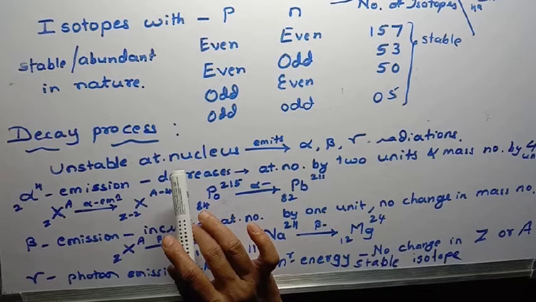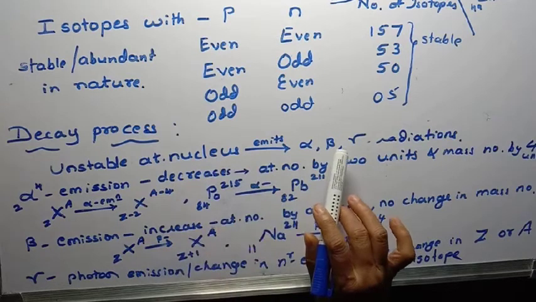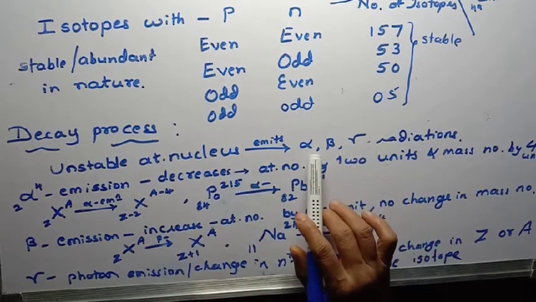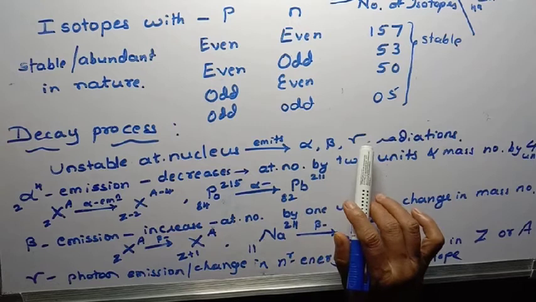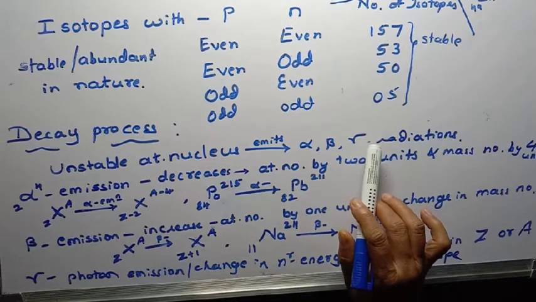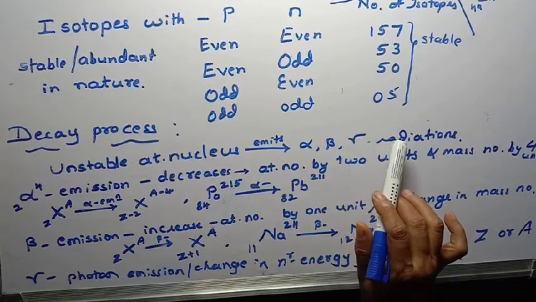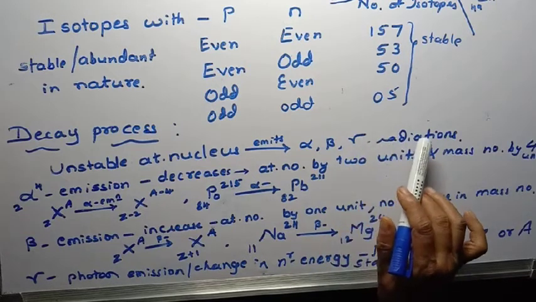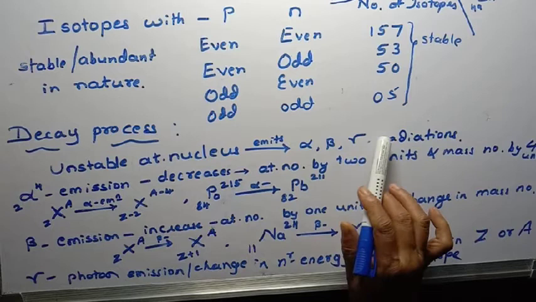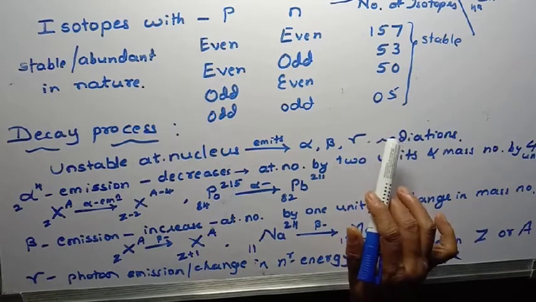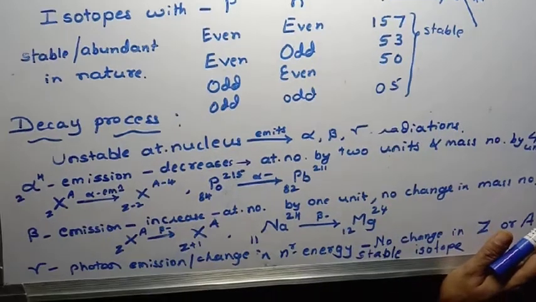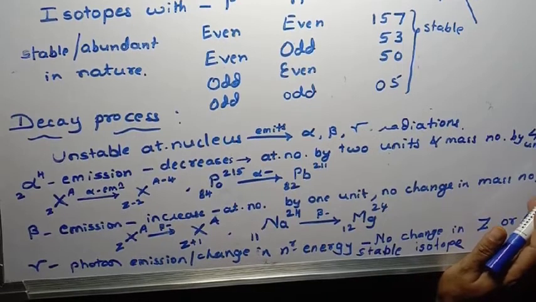Three of the most common types of decay are alpha decay, beta decay and gamma decay, or alpha emission, beta emission and gamma emission. They sometimes also involve the emission of photons, and gamma emission is accompanied by a photon.